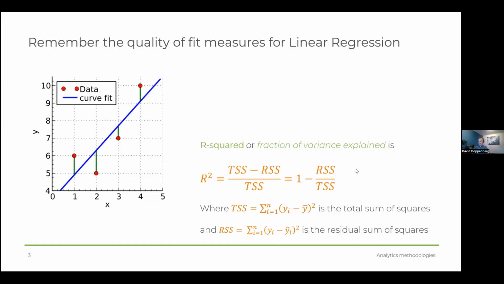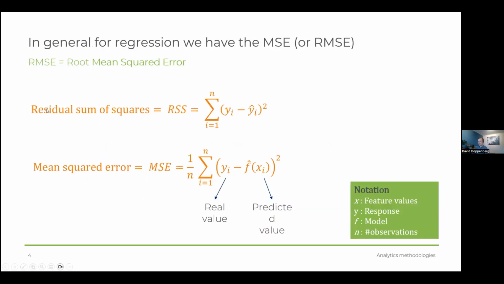For regression, we have already covered how you can determine the error: you can look at the residual sum of squares and calculate R2, but that's just one metric you can use for regression. This one is typically used for linear regression, but there are also a lot of different metrics which are used quite often.